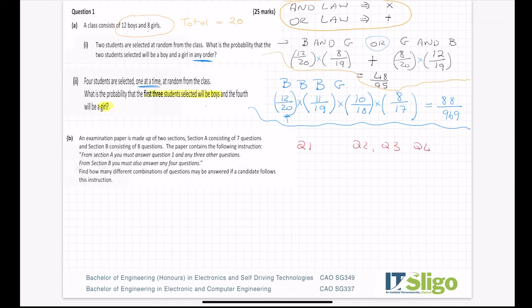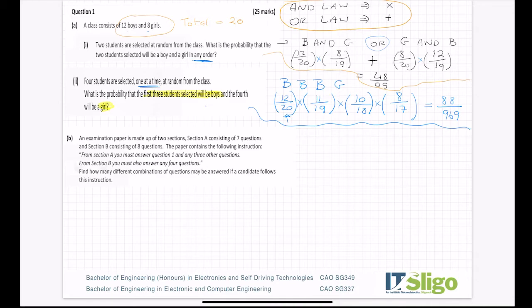Now if Barry decided to answer question 3, question 4, question 2, is that the same thing? Is that the same combination? Yes, it is. So this is a combination rather than a permutation, which means it's an nCr. A combination is an nCr, a permutation is nPr on your calculator.